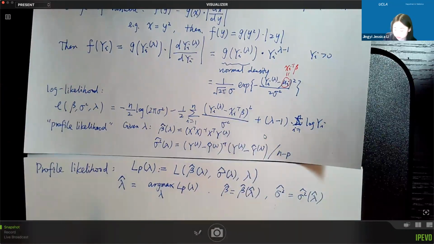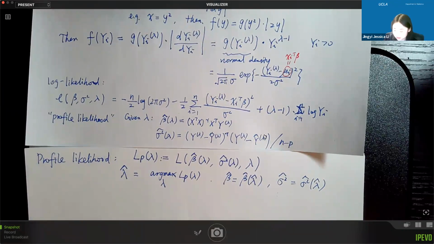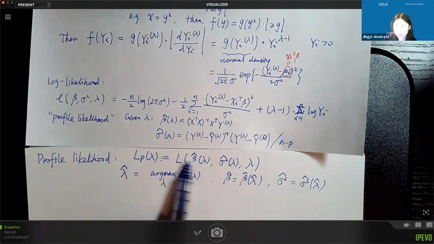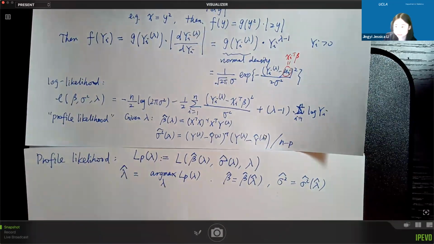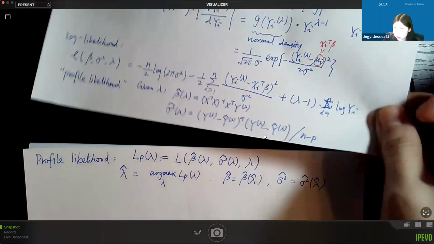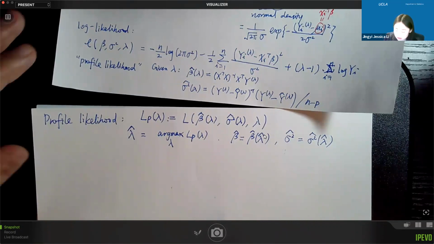But if you're using the profile likelihood, which is not a real likelihood, you cannot just use its Fisher information to derive the variance for lambda hat. So you cannot use that property of likelihood. We'll talk about that later, about how to use the likelihood to define the score function, Fisher information, and variance of the MLE. Okay, so that's the Box-Cox transformation.